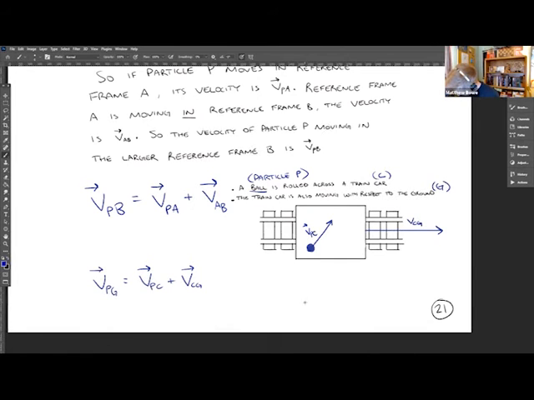I would put, let me see if I could match that. It'll look like that. That's roughly the same size as that. And I'm going to add this using the head to tail method, right about there.